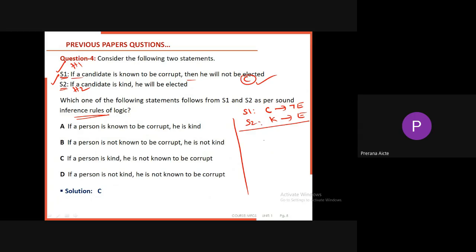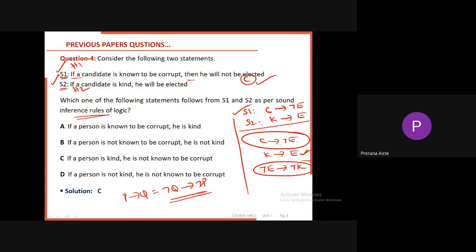First I can use C implies negation E. After that, for K implies E, I use the formula P implies Q is equal to negation Q implies negation P. Applying it here, we get negation E implies negation K. Now we have C implies negation E, and negation E implies negation K. It is just like A implies B and B implies C, so we get A implies C. So the negation E cancels, and C implies negation K is the final result.